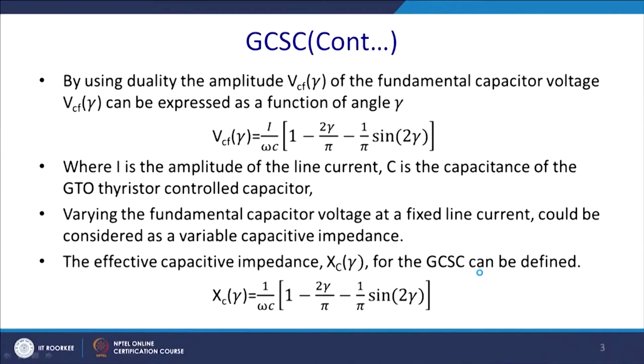Similarly, please recall our expressions for current. You had the same kind of term, I_FL equal to I0 by 1 minus lambda by pi, the same term will be there. Here it will be the voltage, so it is I by omega C, that is the impedance of the line.